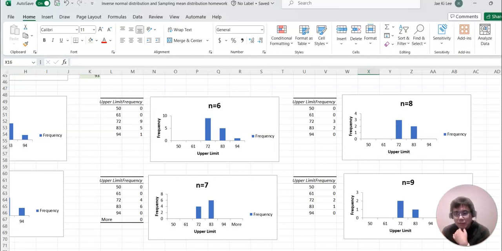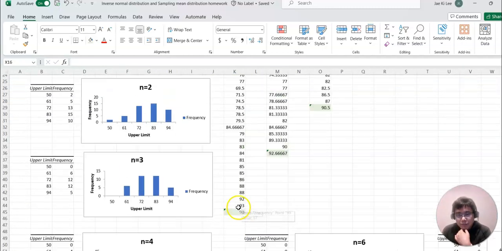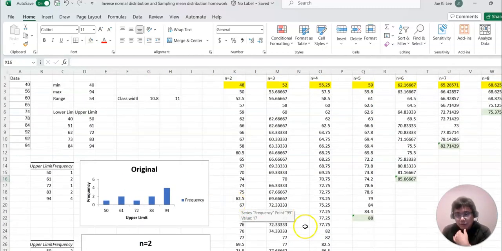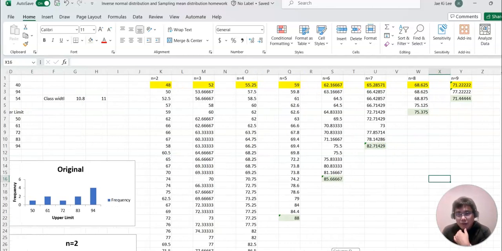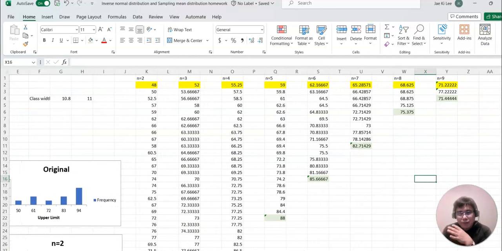Okay, let me clarify what is going on by comparing the minimum value and the maximum value here. The yellow highlighted number is the minimum value.